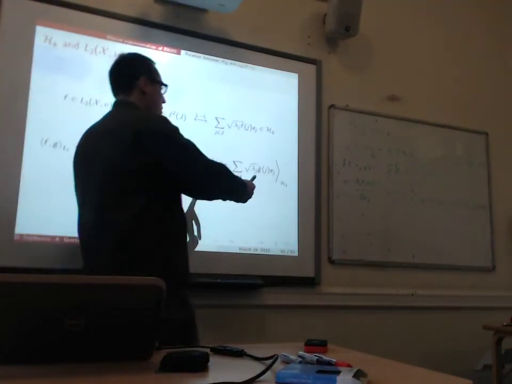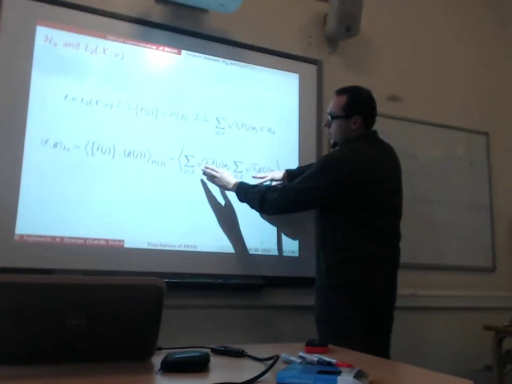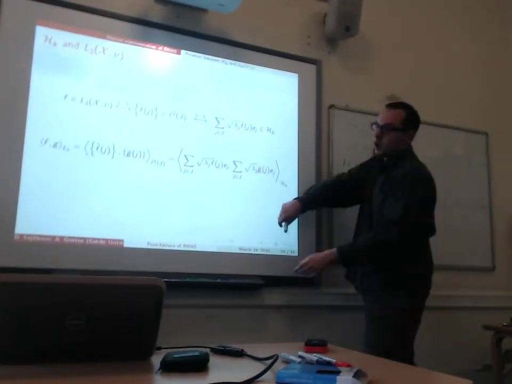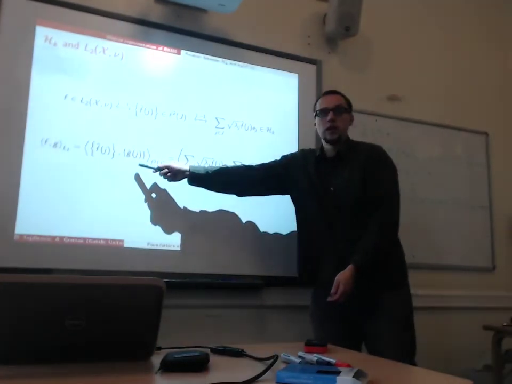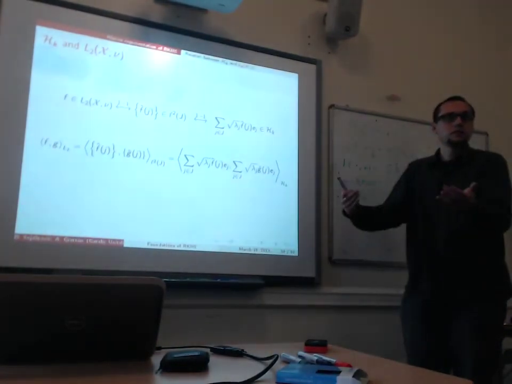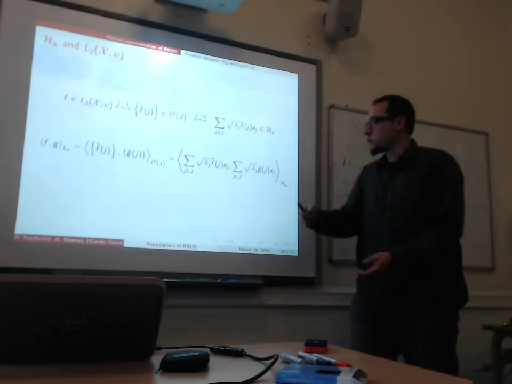Because what is an inner product between these RKHS functions? I'll take multiples of these coefficients and I'll divide everything by lambda j. So that's the same thing as this. So I just get the sum of the product of the Fourier coefficients.